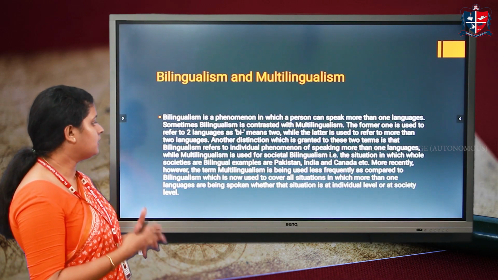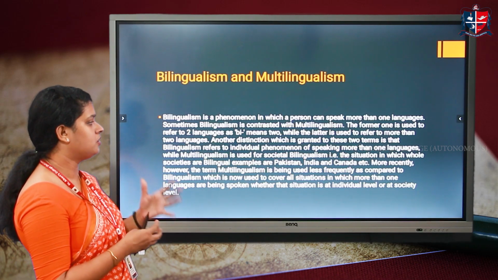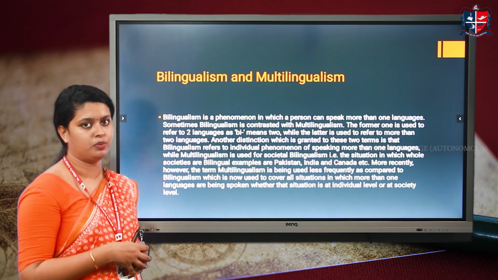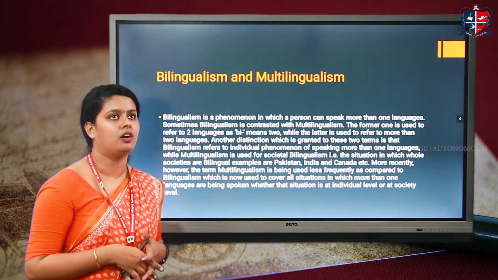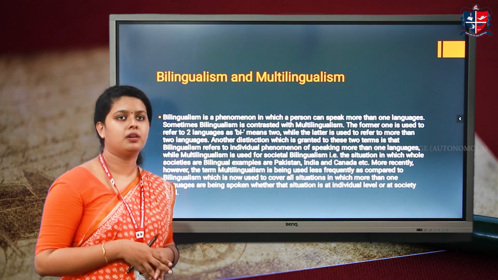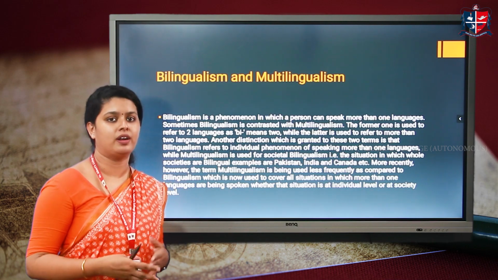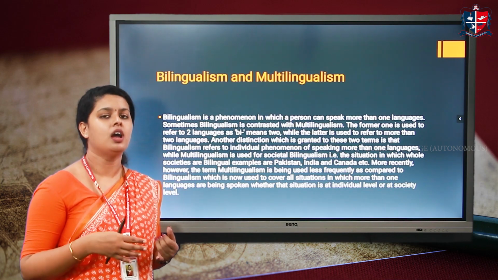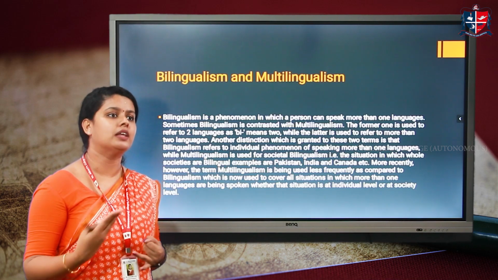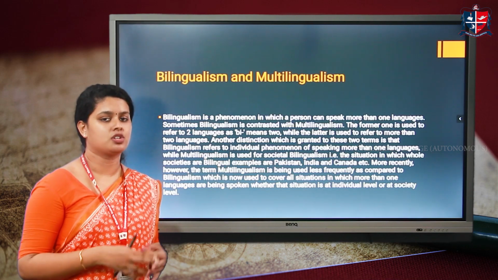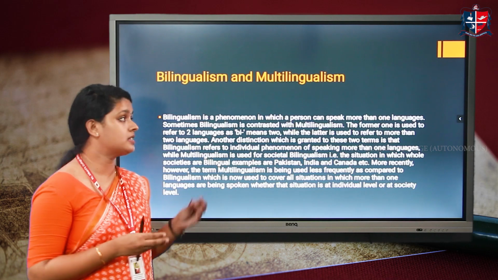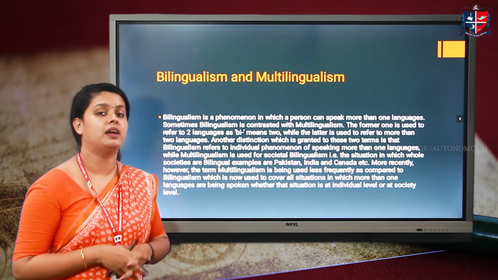And we know there are situations in which whole societies are bilingual. For example, people in India or people in Pakistan can handle more than one language. We Malayalis can handle our own mother tongue as well as other languages like Hindi or English. Those conditions are called bilingualism or multilingualism.